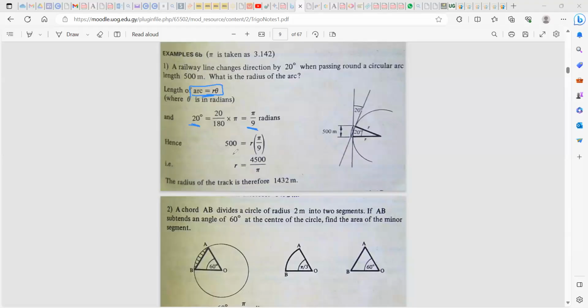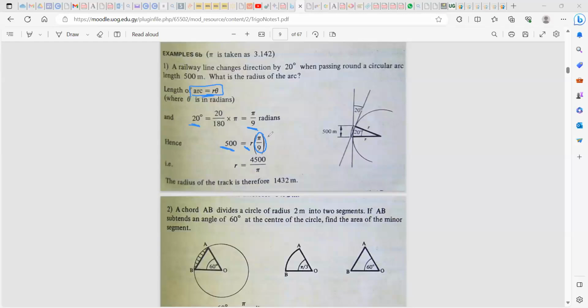And then you use your formula now. So this is the arc length, right? You don't know the radius, the angle made by that arc with the center of the circle is pi over 9. So you just do some rearrangement of the formula and you get r equals 4,500 over pi.